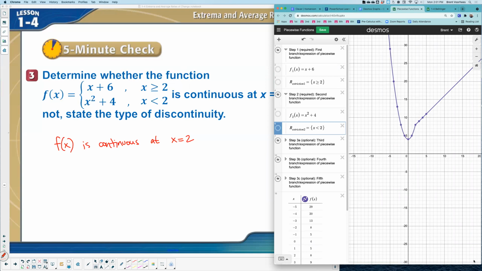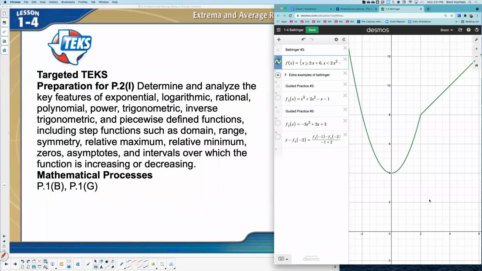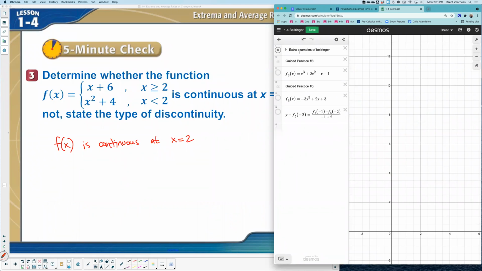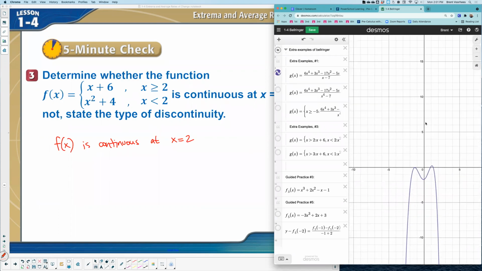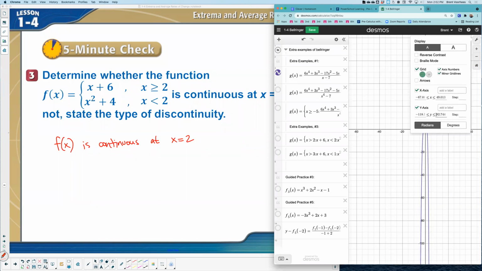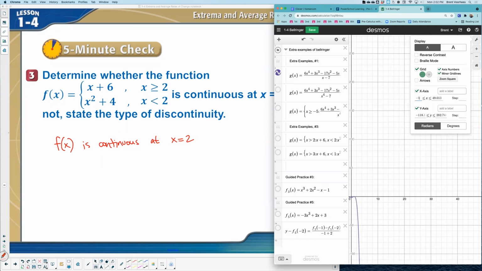All right, we have a question. All right. Oh, over here on Desmos, there are a couple of extra examples I can show you that'll go over some different graphing things. So I want to show you some different limits that we might see. I need to go a lot higher, I think.